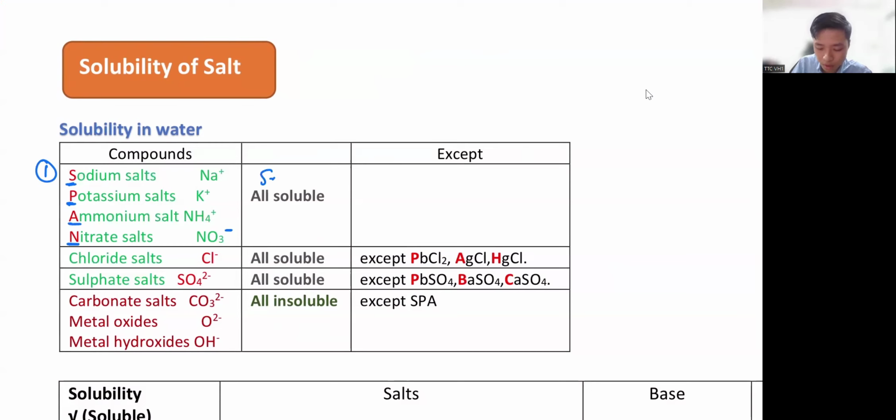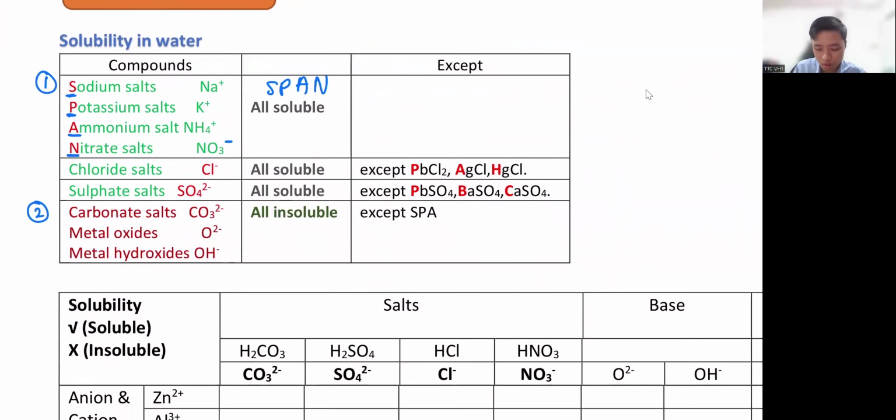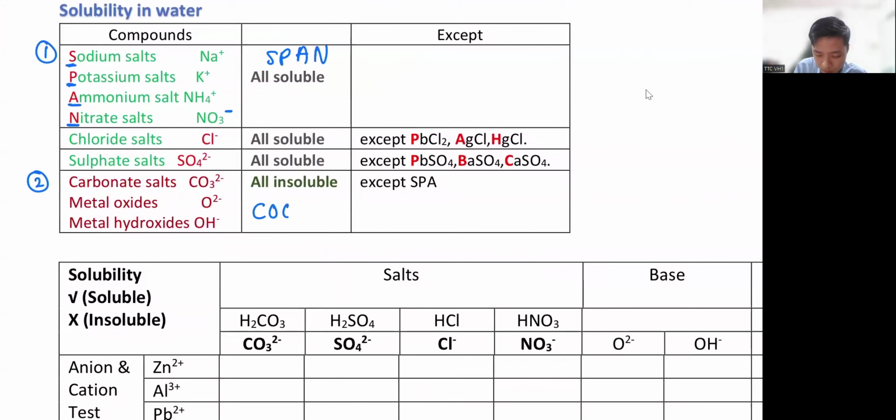First of all, we have SPAN salts: soluble. Second, we have carbonate salts, metal oxides, and metal hydroxides. We call it COH.